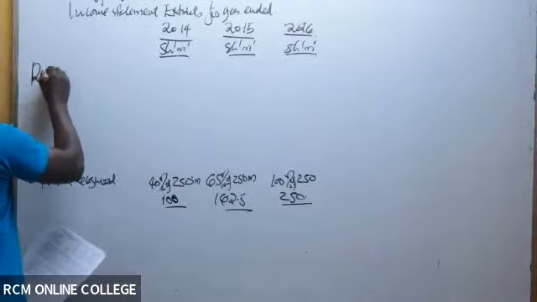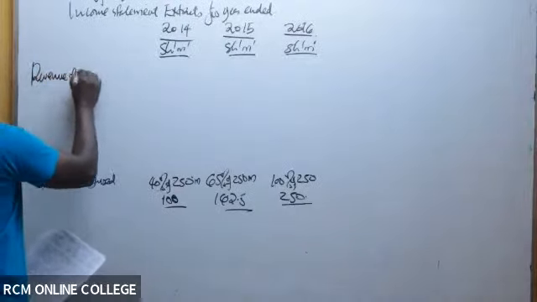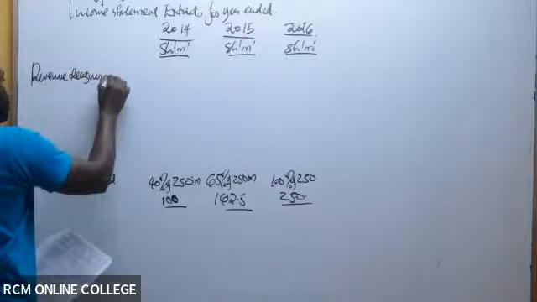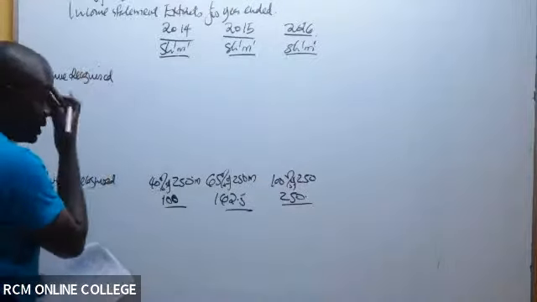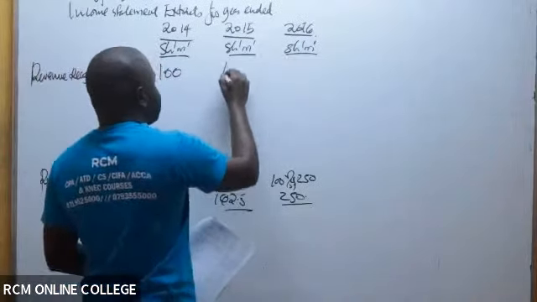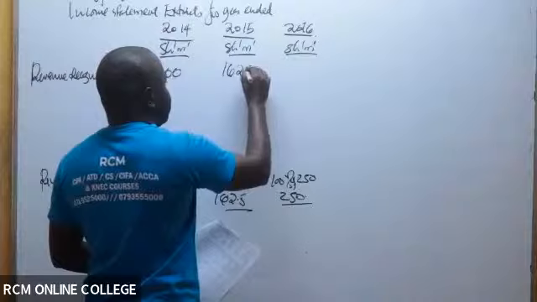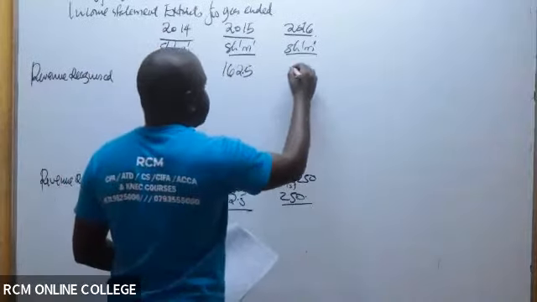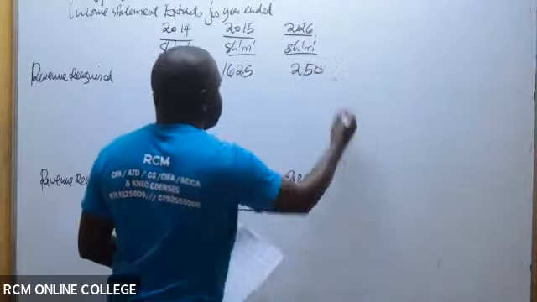Revenue recognized, which you've already computed. You just take 100 million, 162.5 million and 250 million.